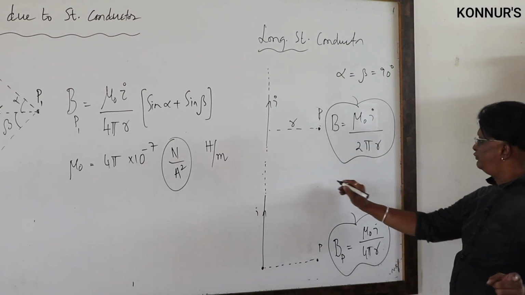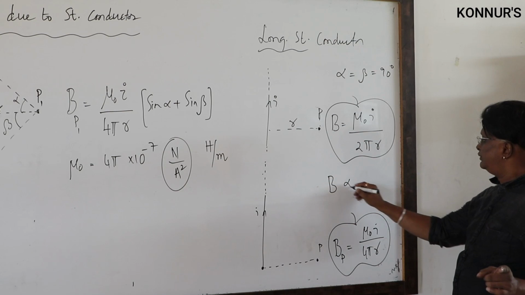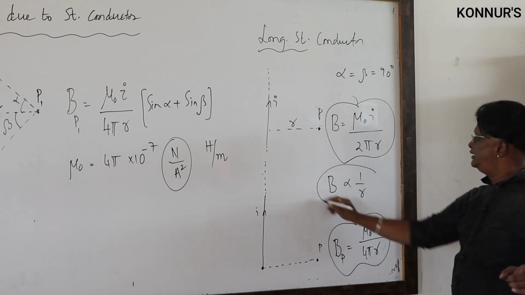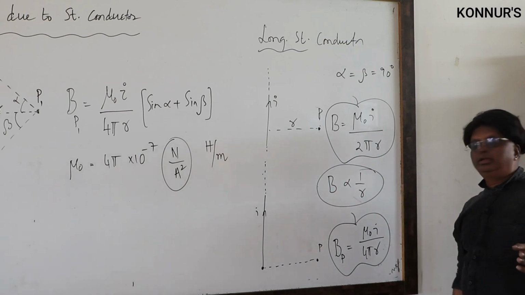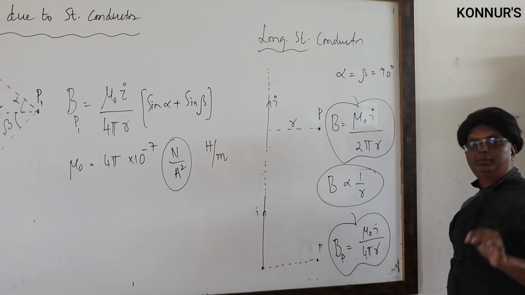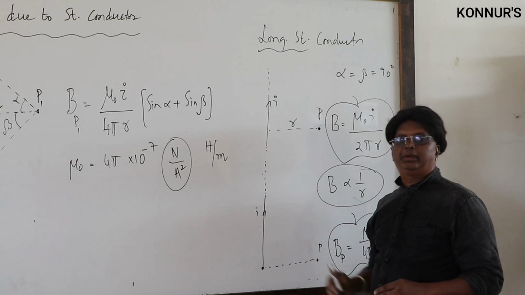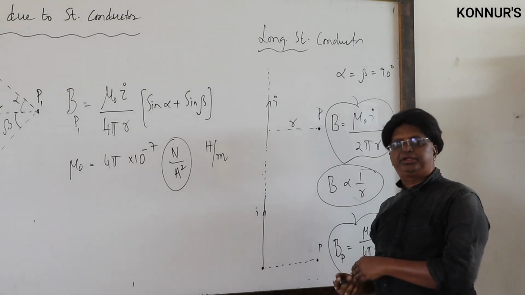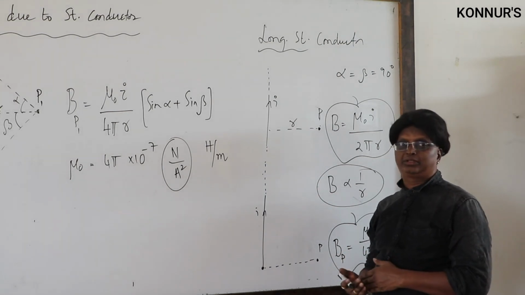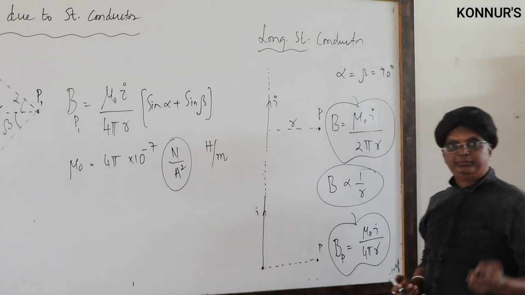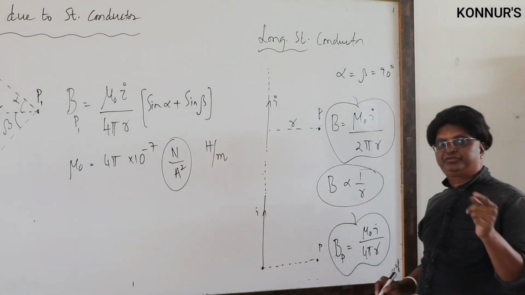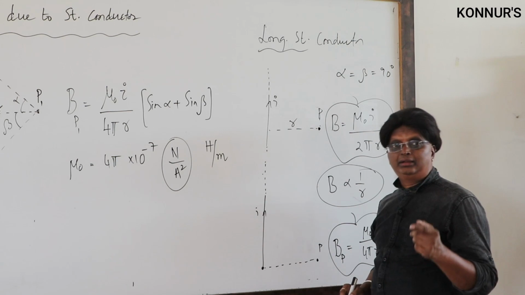And in both the cases for a long wire, we write B proportional to 1 by R, B1 by B2 is equal to R2 by R1. Therefore, this field produced by a straight conductor carrying current is always a non-uniform magnetic field. Two reasons, because B changes both in magnitude and direction.